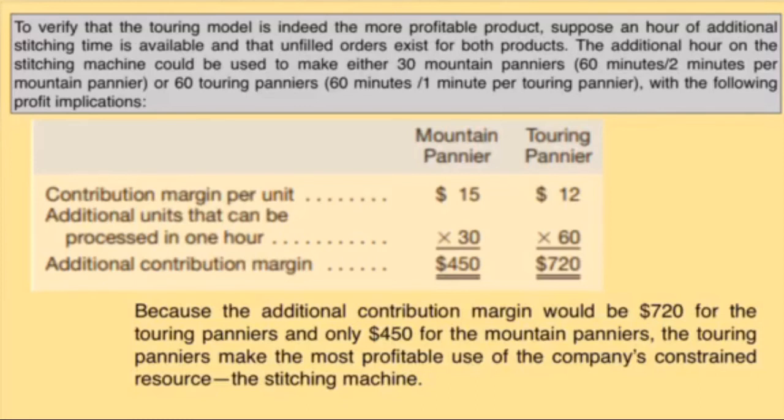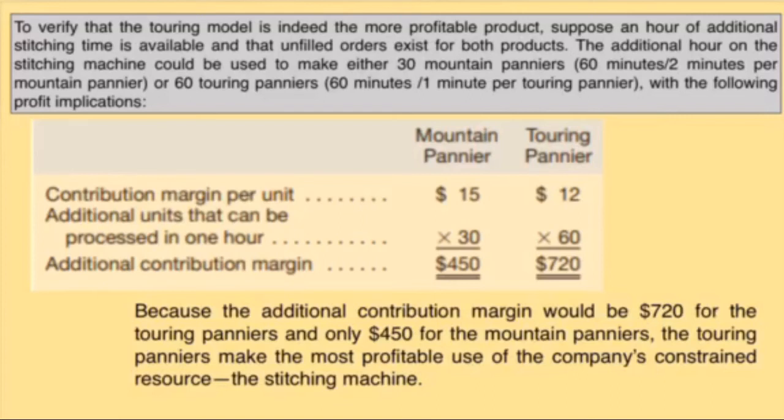The following are the profit implications. So we have here the contribution margin per unit and the additional units that can be processed in 1 hour. We have the 30 and the 60 respectively. And it is equal to the additional contribution margin, which is $450 for the mountain pannier and $720 for the touring pannier.